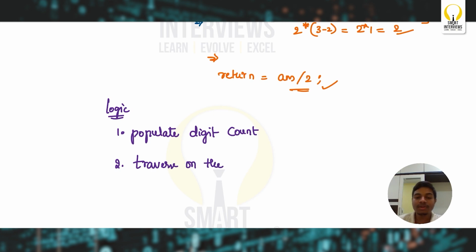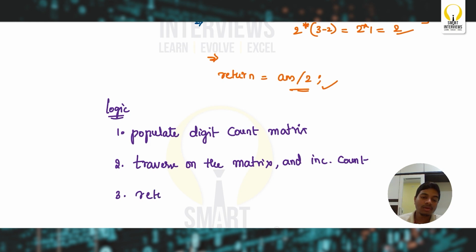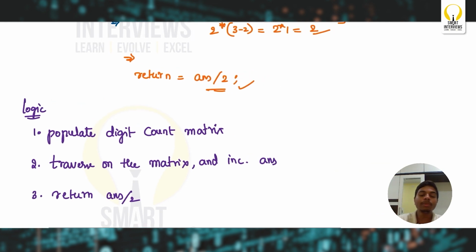Traverse on the matrix, increment count, and finally what is the result that you're going to return? Return answer by 2. And how you're going to increment this answer?